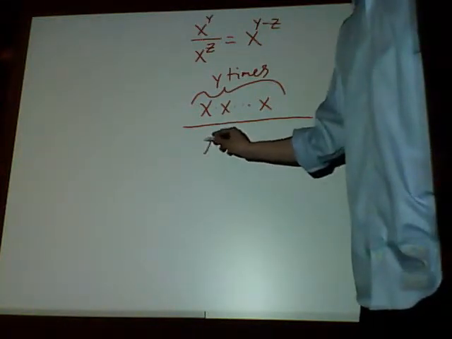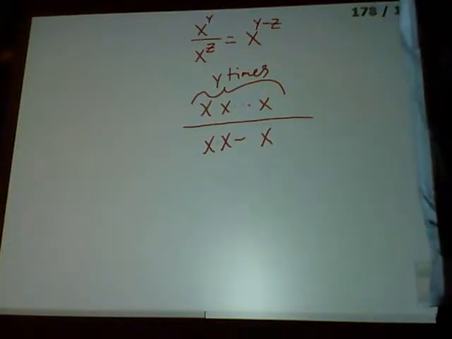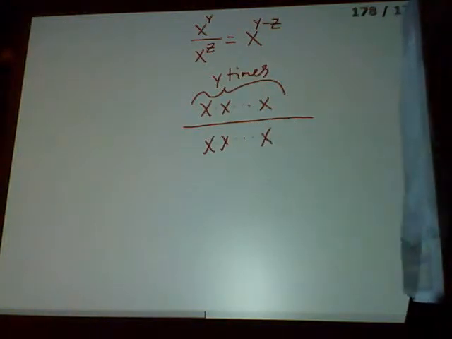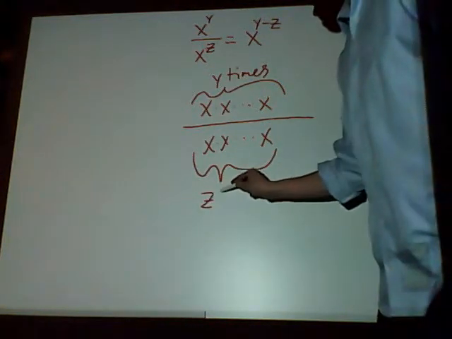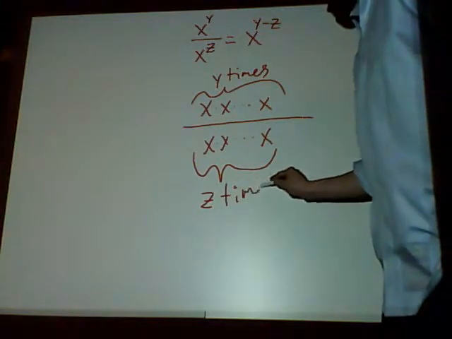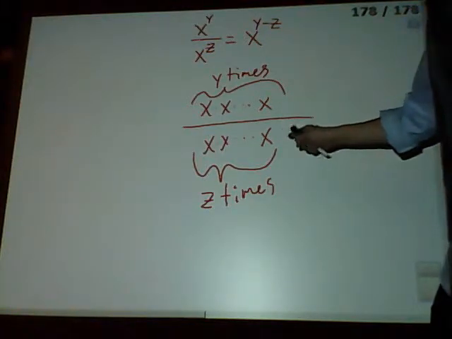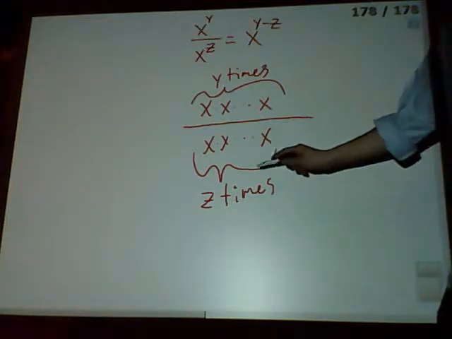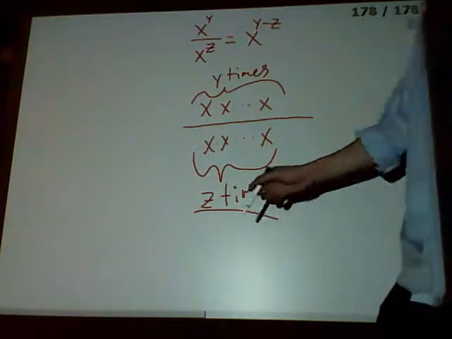And now let's say that we had z of them on the bottom. So x times x, and if this was z times, how many things are going to cancel out? Well, we're going to end up dividing by the ones on the bottom. So these ones on the bottom are going to cancel this out, right? So we're going to cancel out exactly this many of them.